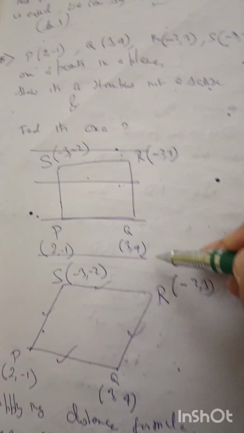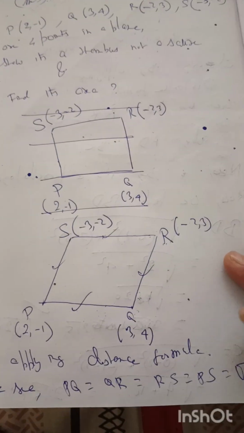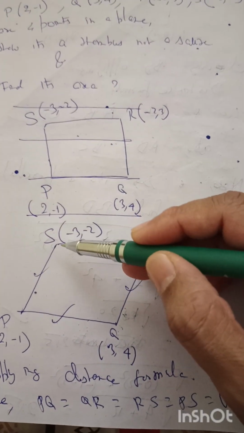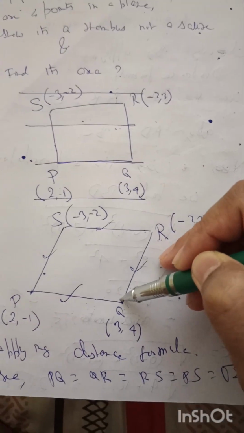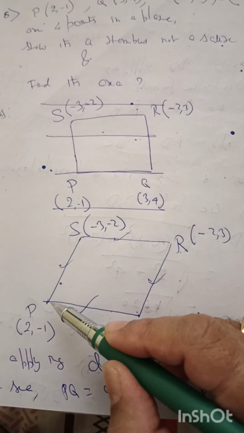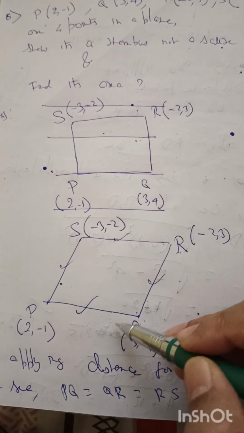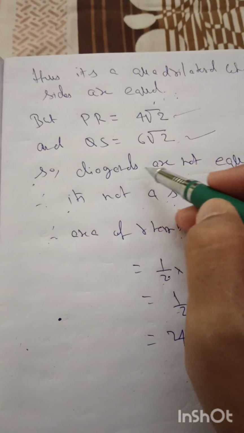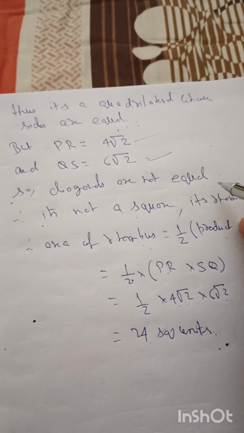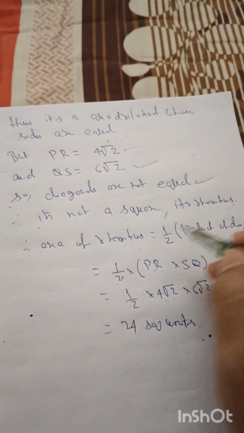Now we apply the distance formula and we find the length of the diagonals, that is PR and QS. But we see that the diagonals are not equal.